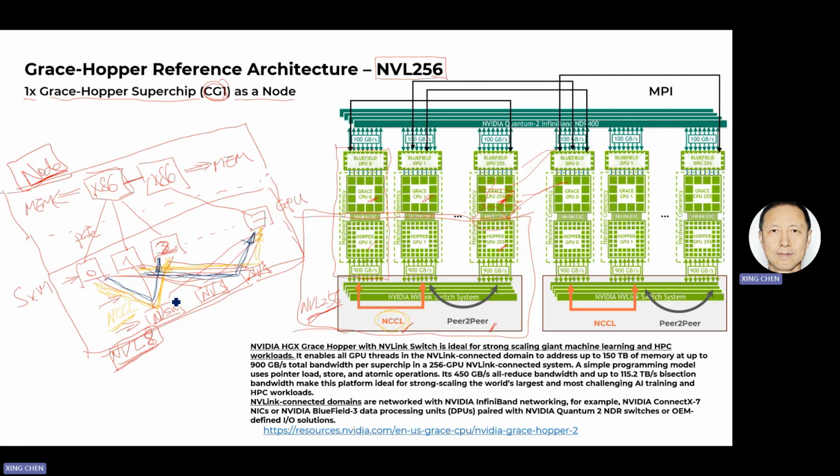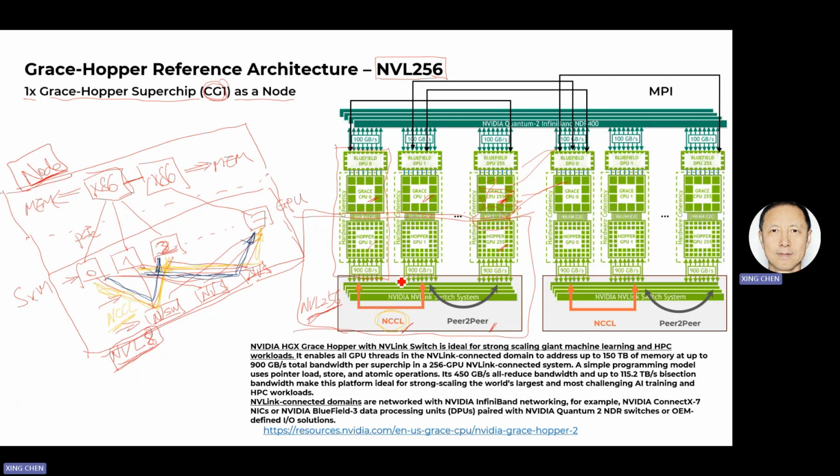This is still the case for all the non-Grace Hopper GPU solutions from Nvidia. And now, if we move to Grace Hopper, it is still the case. There are two possibilities to make the communication happen between any pair of GPUs from this NVLink domain.